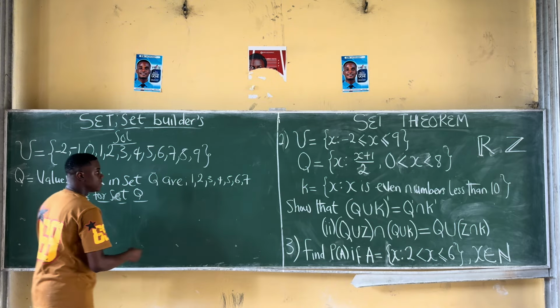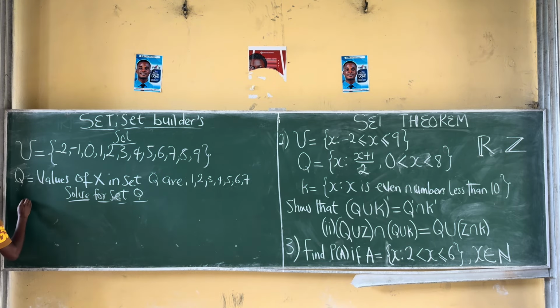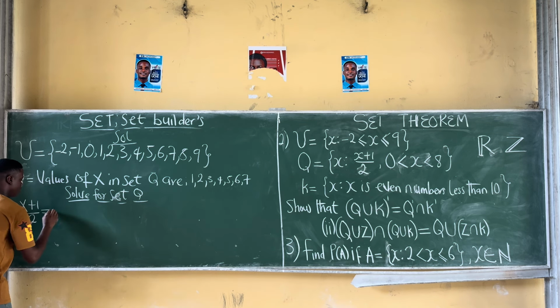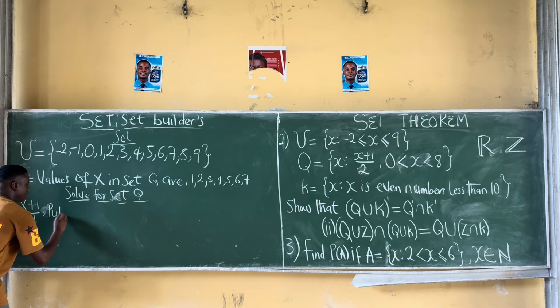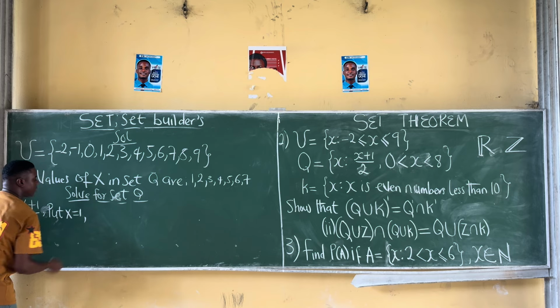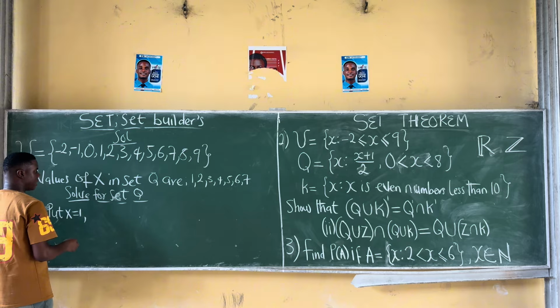So let's start. (x plus 1) over 2. The first one, we're going to put x as 1. So put x equal to 1.